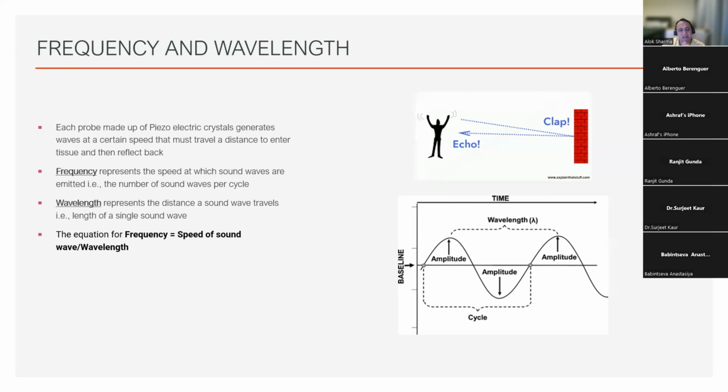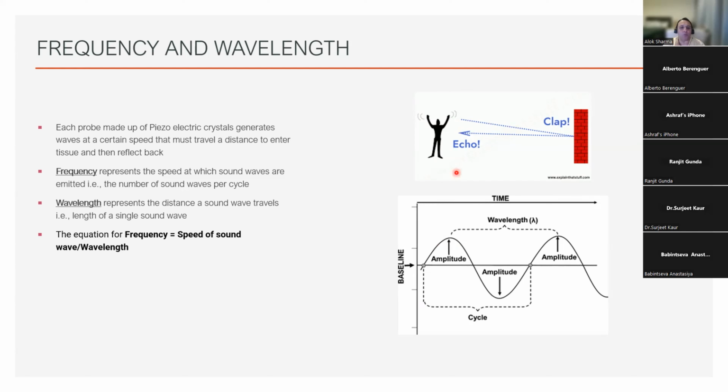Well, to understand that, we first have to understand what frequency is and what wavelength is. And this is a very, very important concept. Now, when a person claps, so you can see the gentleman over here, when he claps, he generates sound waves. And these sound waves will travel, hit a brick wall, and you will hear the echo back. This is pretty much what is happening with an ultrasound machine.